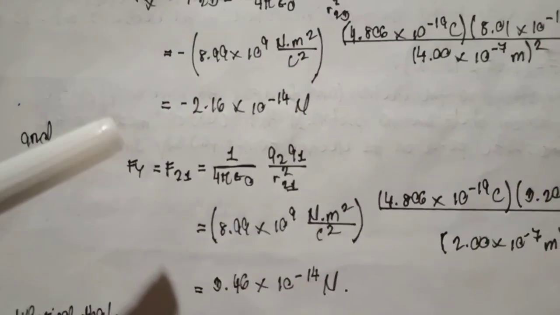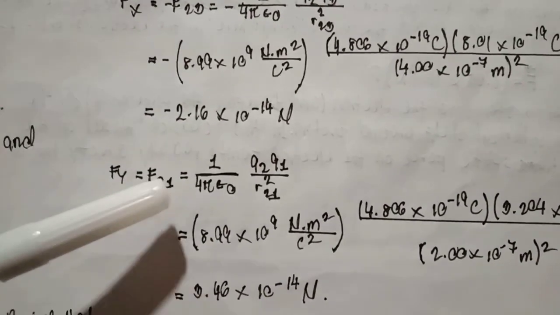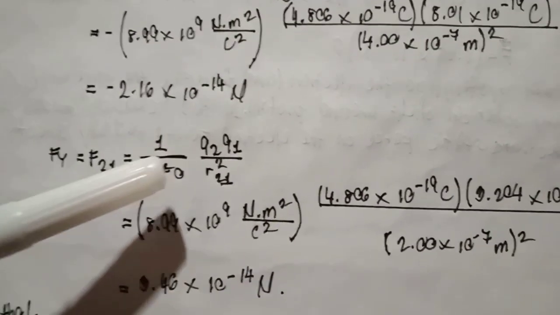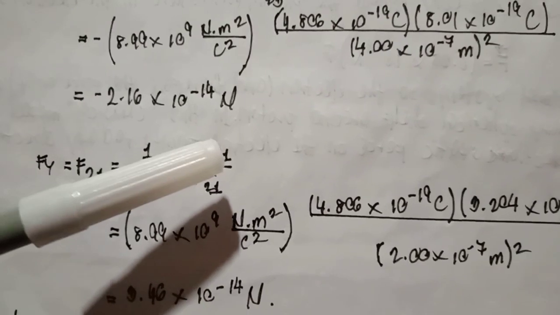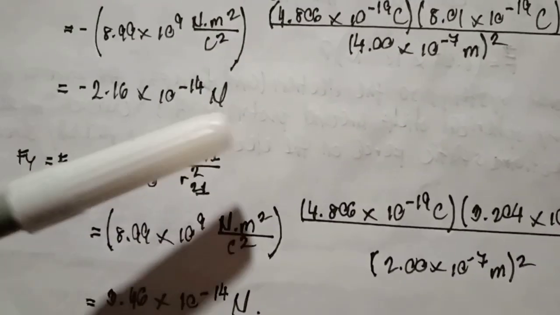And F sub y is equal to F sub 21, which equals 1 over 4 pi epsilon 0 times Q sub 2 Q sub 1 over R squared sub 21.